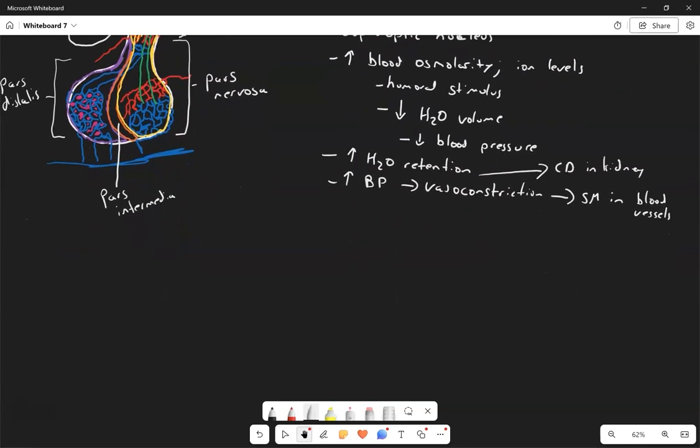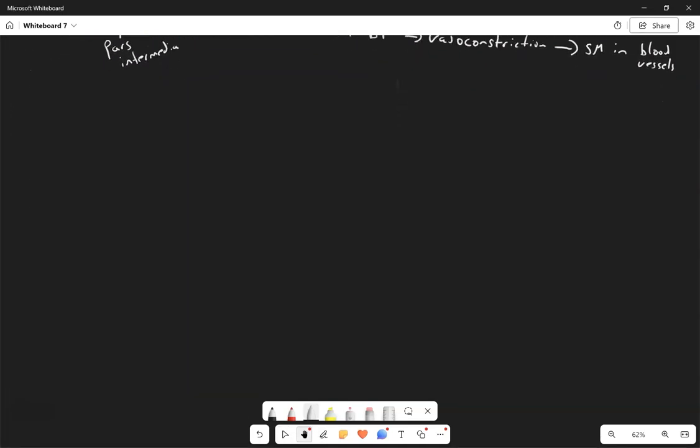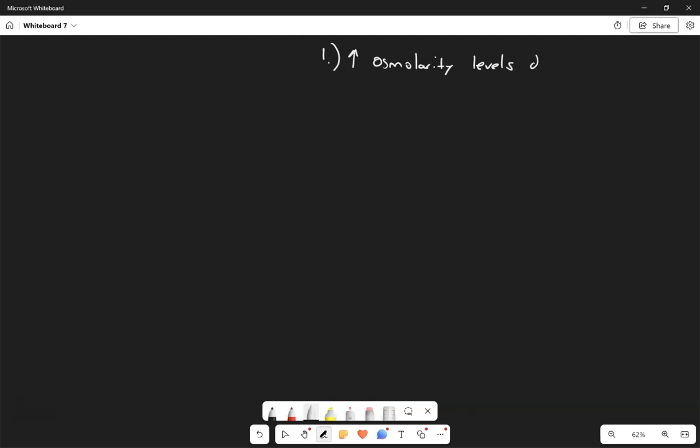So let's take a look at the steps that are going to lead us to the release of our vasopressin. Step one is that high osmolarity levels are detected, and that's going to be detected inside of the hypothalamus. As a result of that, vasopressin is going to be released from our pars nervosa, or posterior pituitary.